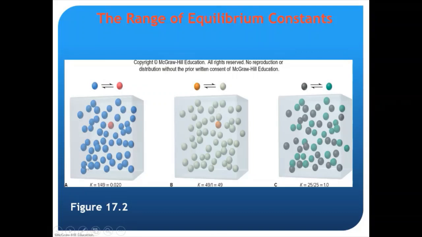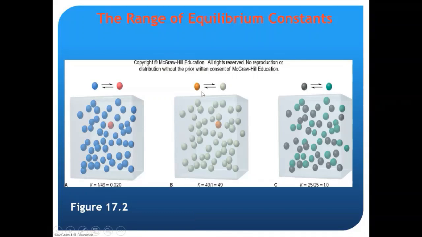Even when the system is at equilibrium, we have a very small amount of the product produced. So we say that this reaction favors the reactant and it has a very small K value.